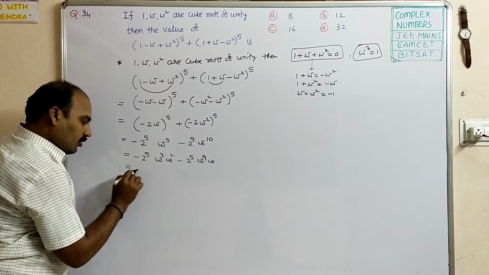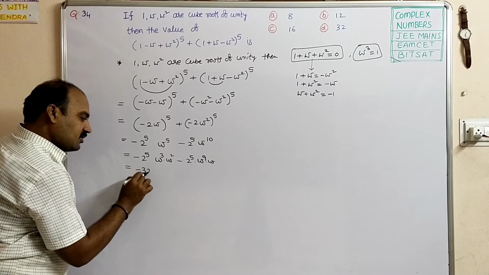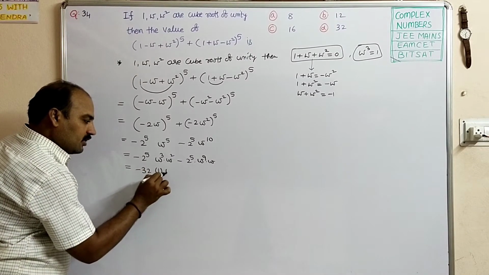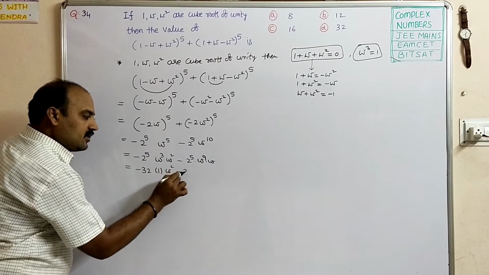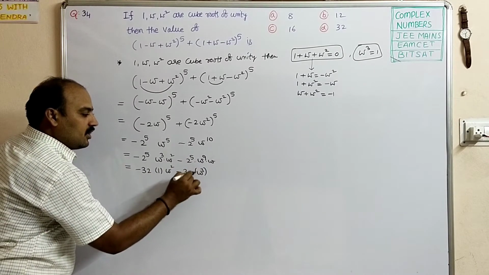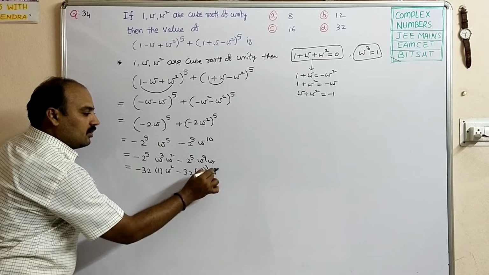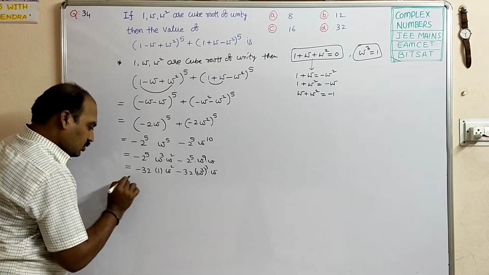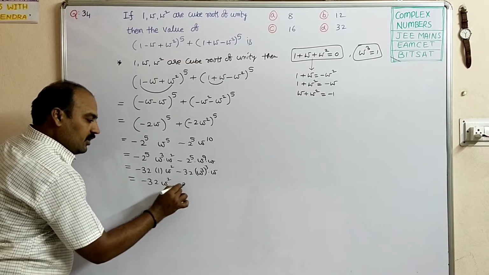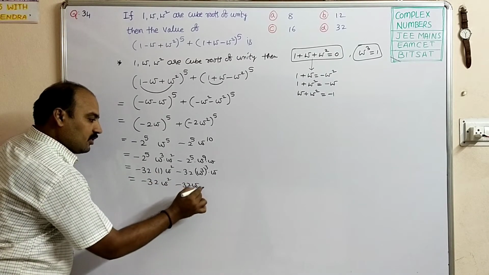So minus 2 power 5 is minus 32, omega cube value 1 into omega square, minus 32 omega power 9 is omega power 3 whole power 3 into omega. This value is 1. So minus 32 omega square minus 32 omega.